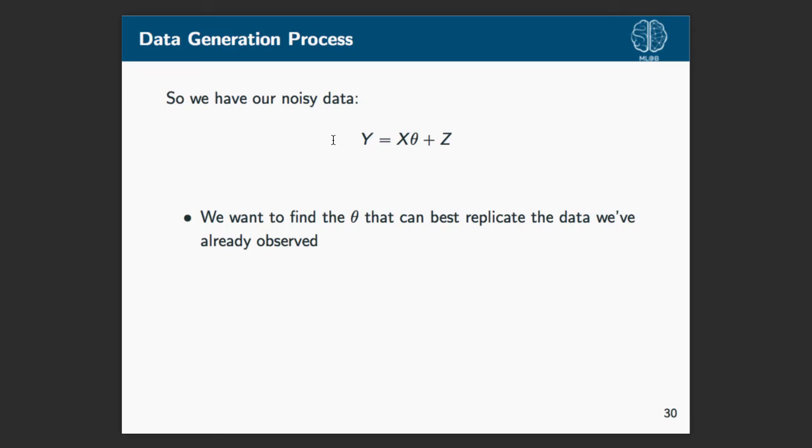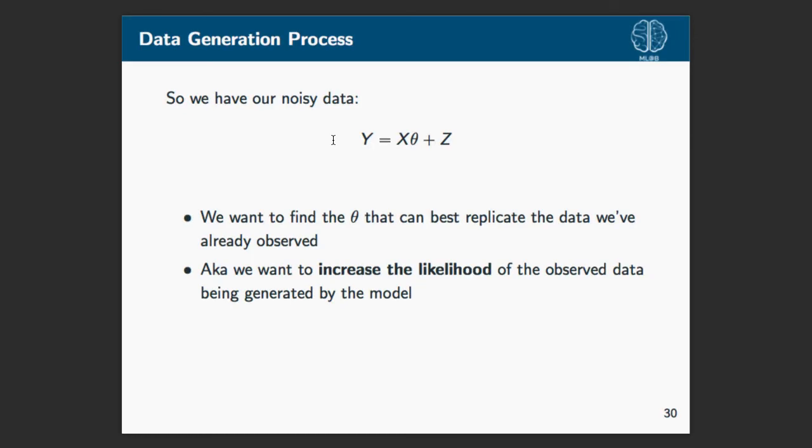And we want to find the theta that can best replicate what we already observed, the data we've observed. We want to find the theta that best replicates the real-world model, which is the real theta. And the real theta created the data. So we're trying to find the theta that best replicates the data that we've seen, because if we can efficiently replicate the data that we see, that means we've found a good approximation to a real-world model.